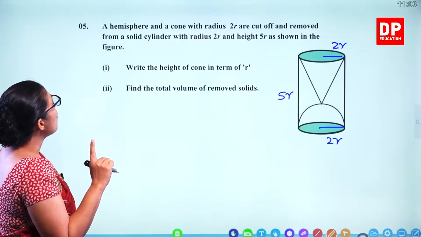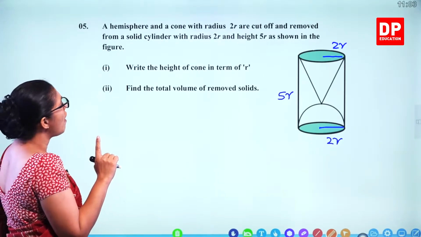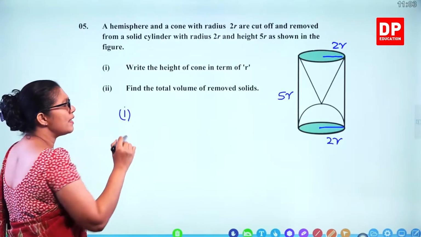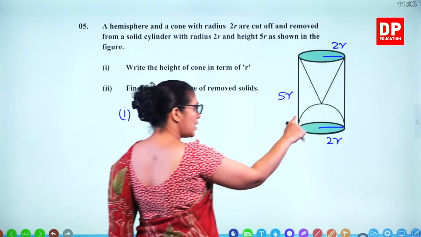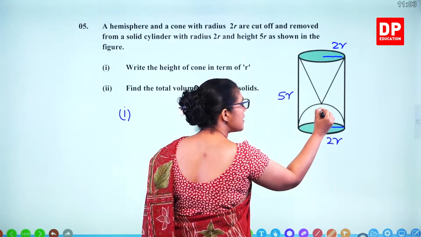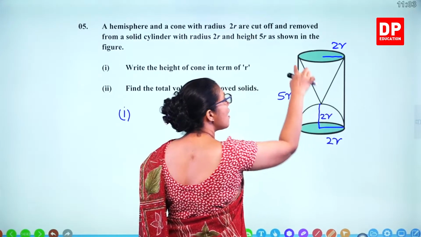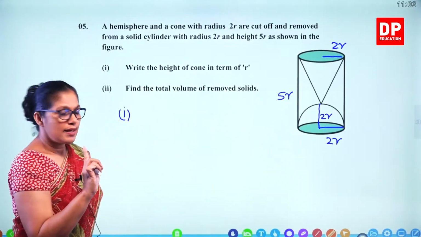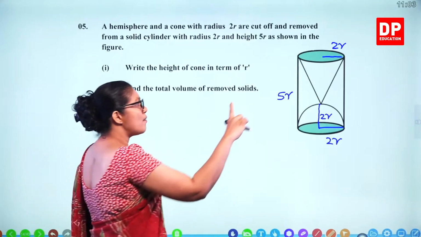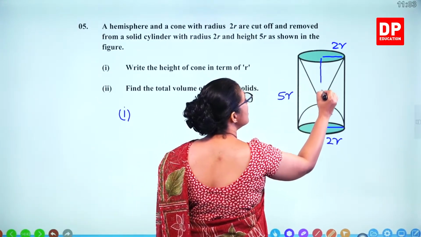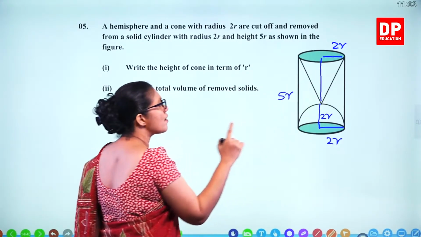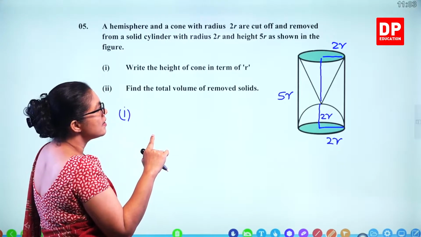Write the height of cone in terms of r. Look at it carefully. This is a hemisphere. So that means this is the radius. This is 2r. The whole thing is 5r. And what is the height of the cone? 5r minus 2r.